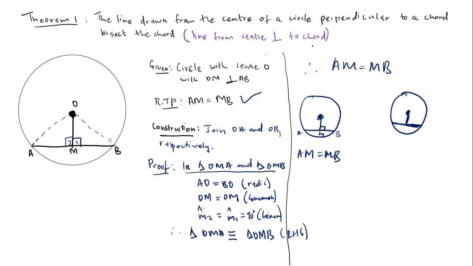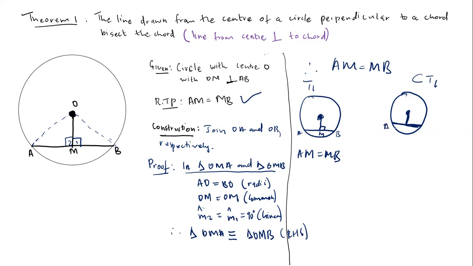That's theorem number 1. The converse of theorem number 1 says: a line from center bisects the chord.